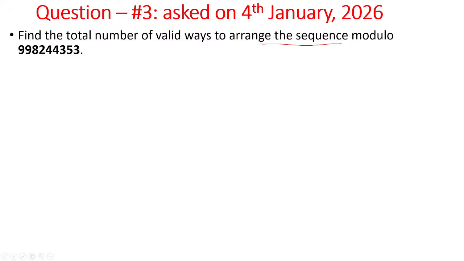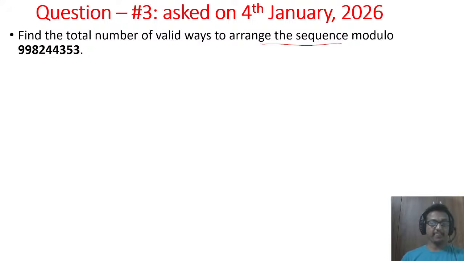So we need to arrange a sequence. You are given a sequence, and you need to arrange it in a number of valid ways. What is a valid way will be given in the test cases.